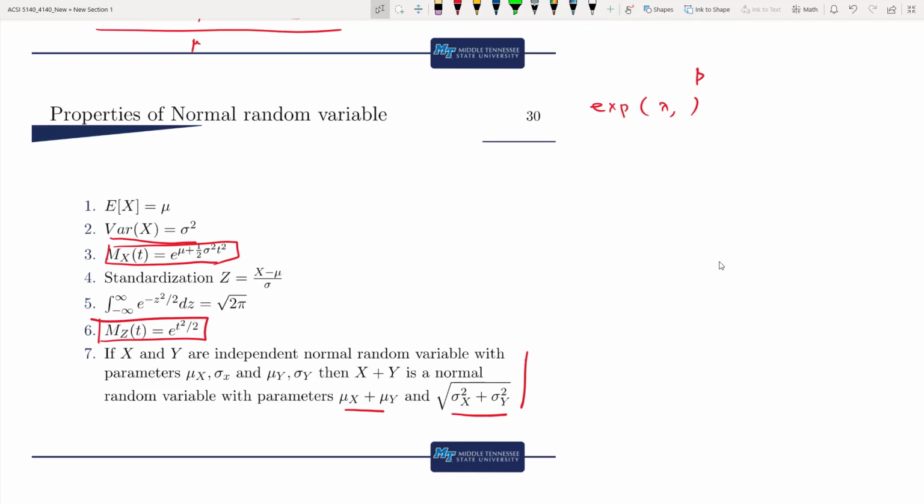That's a very useful property to know. You need this condition, independent normal random variables. If x and y are just normal, adding x plus y is not going to be normal. There are counterexamples for that. You can search online and find them. But if x and y are independent normal random variables, then we have this property.